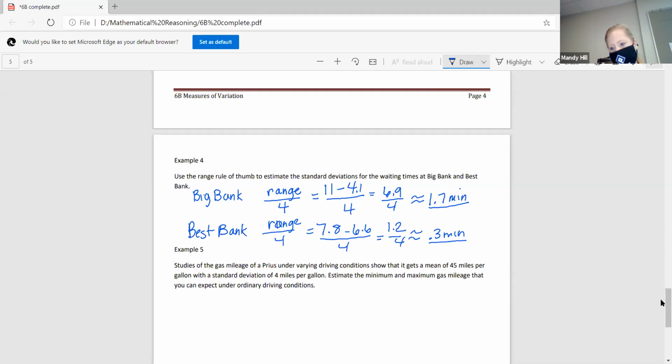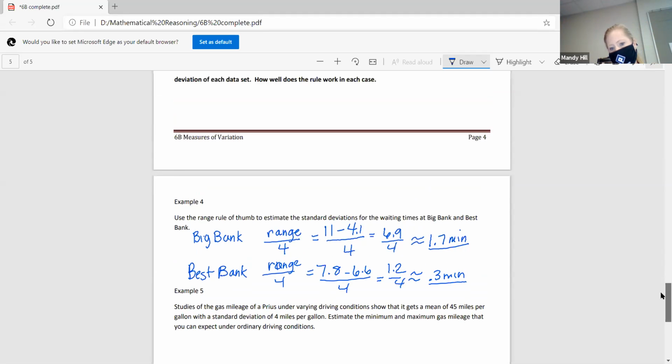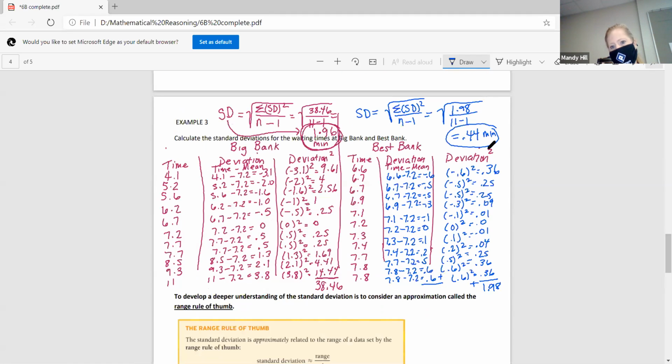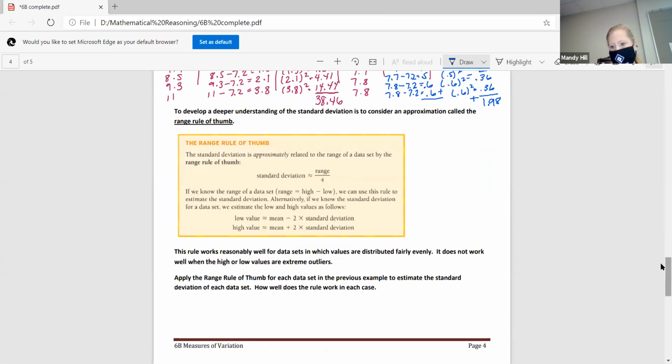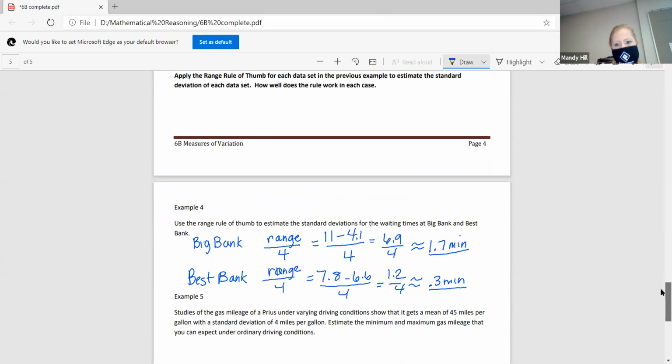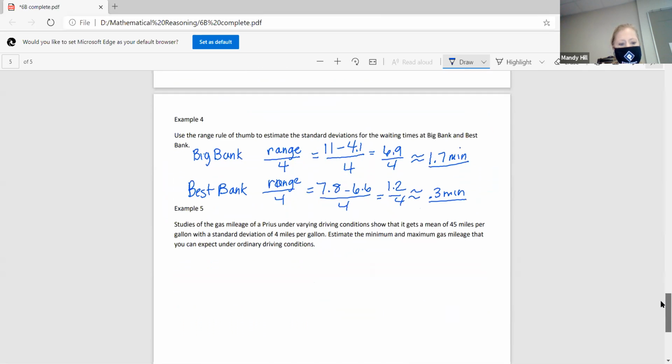The actual answer for standard deviation we got up here was 0.44 minutes. So once again, not perfect, but for an estimate, 0.3 is pretty close to 0.44. So it's not bad either. And it was a whole lot easier than me doing all of that stuff to find that.